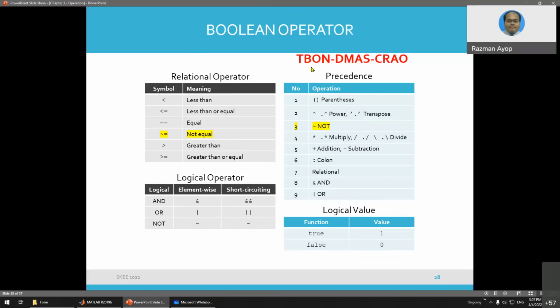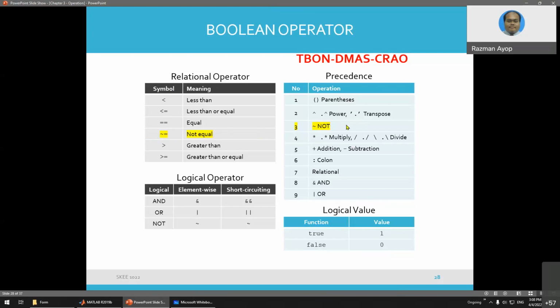Okay, but this one is much more complete. So you have to put in not. Okay, so not equal is different from not. Okay, so not equal is conditional, relational. Okay, means that you have two parameters here, the first parameter, the second parameter. But not is just one parameter, so that is the difference.